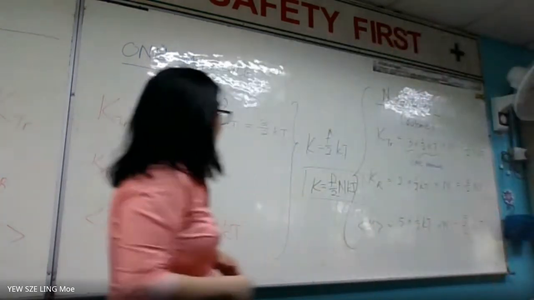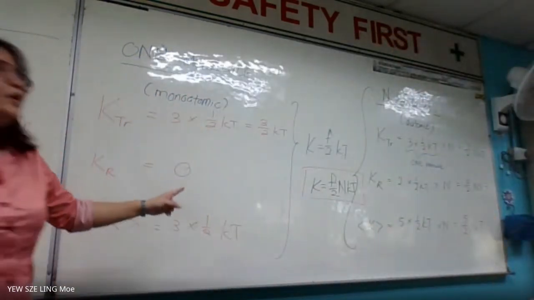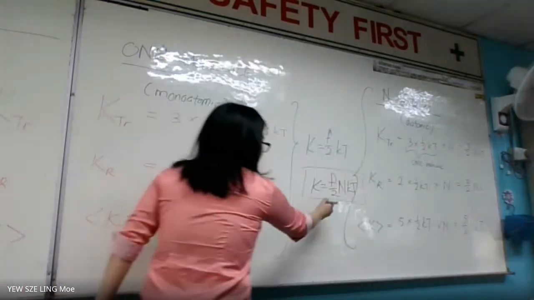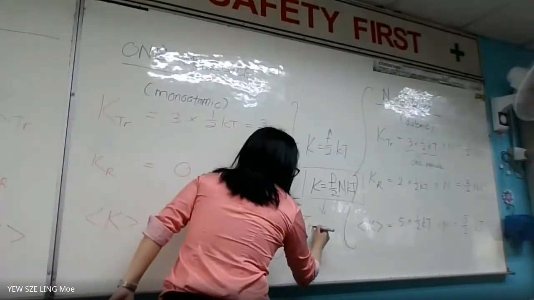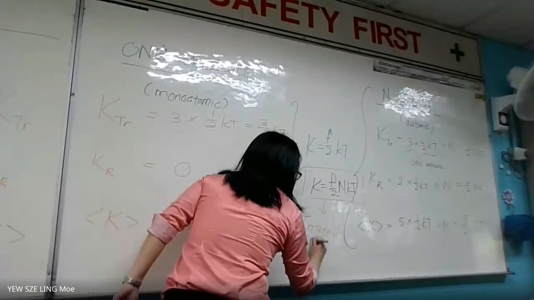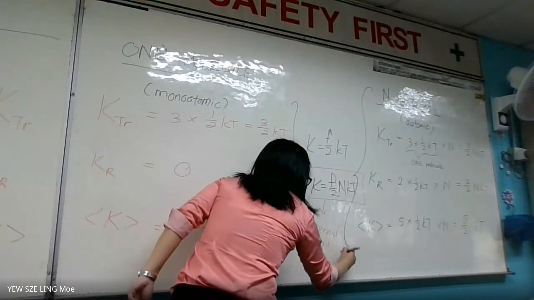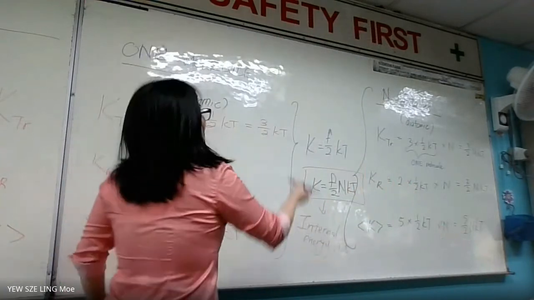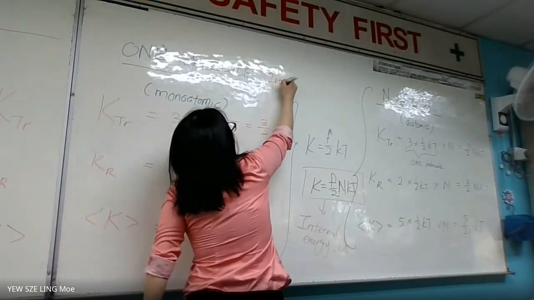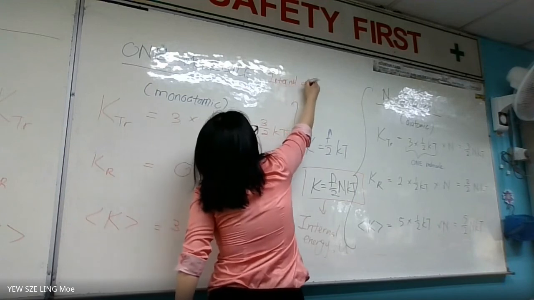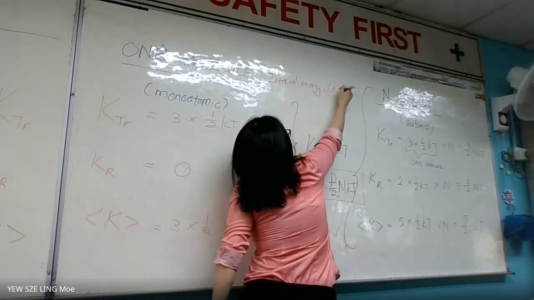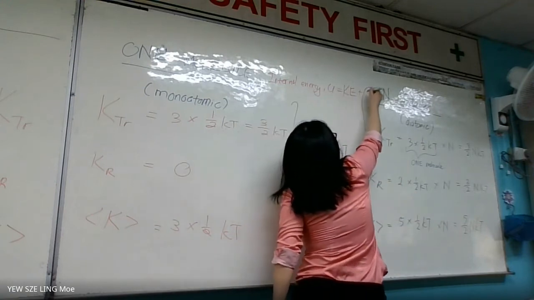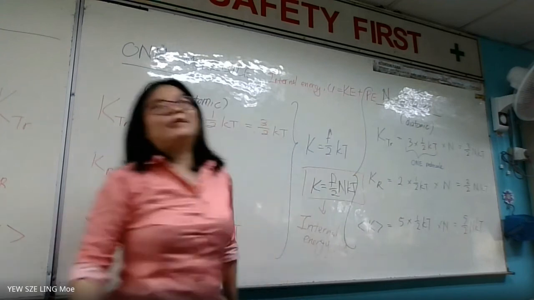In 13.3, this average kinetic energy at the same time is equal to your internal energy, which is U. Why? Because according to the definition, internal energy U equals KE, kinetic energy, plus PE, potential energy.